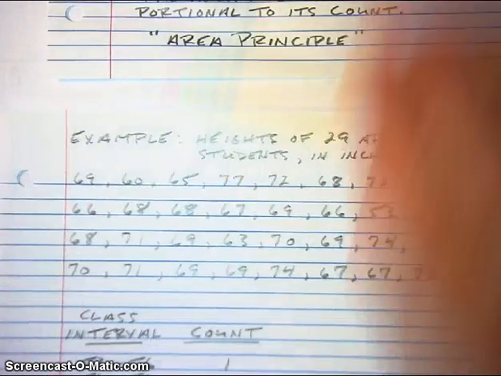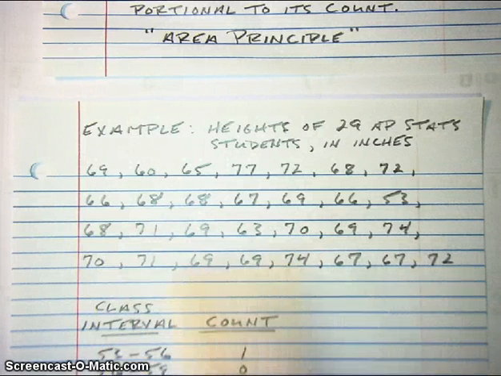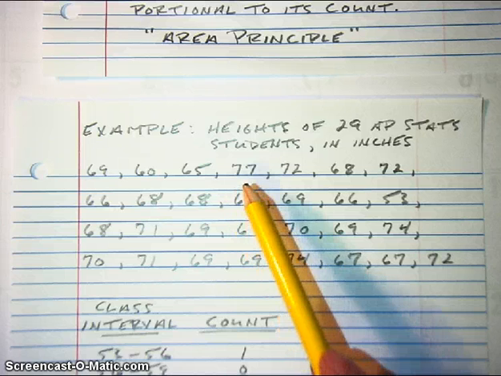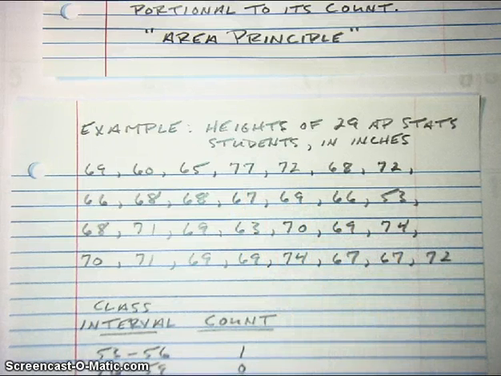Now here's an example. We've got the heights of 29 AP statistics students in inches, and you can see the data here. What I did was I looked at the smallest data value, which is 53, and the largest data value, which was 77. And I asked myself, how could I divide up the data into uniform intervals from 53 to 77?